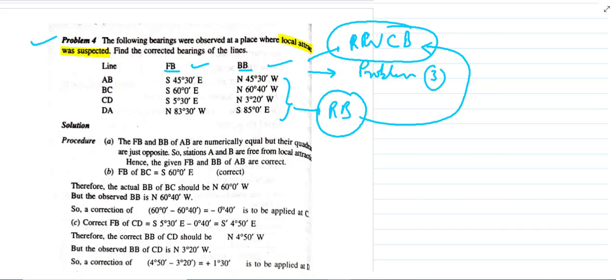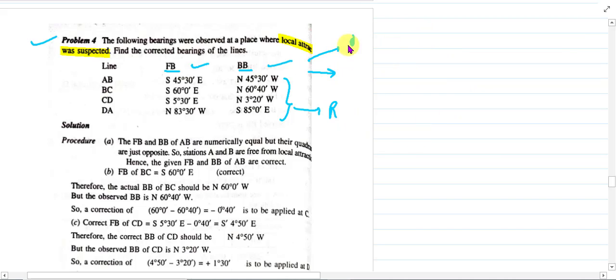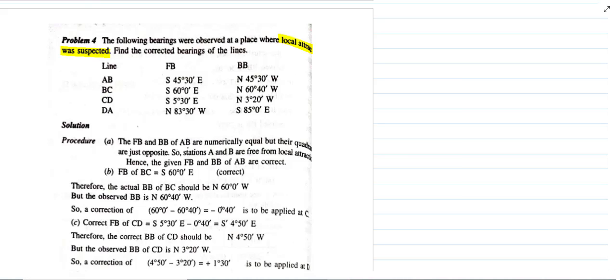When we are solving the numerical in reduced bearing, it is very easy to find the 180 degree difference to apply the check formula. Why? Because in this reduced bearing the values remain the same, only the direction will change.